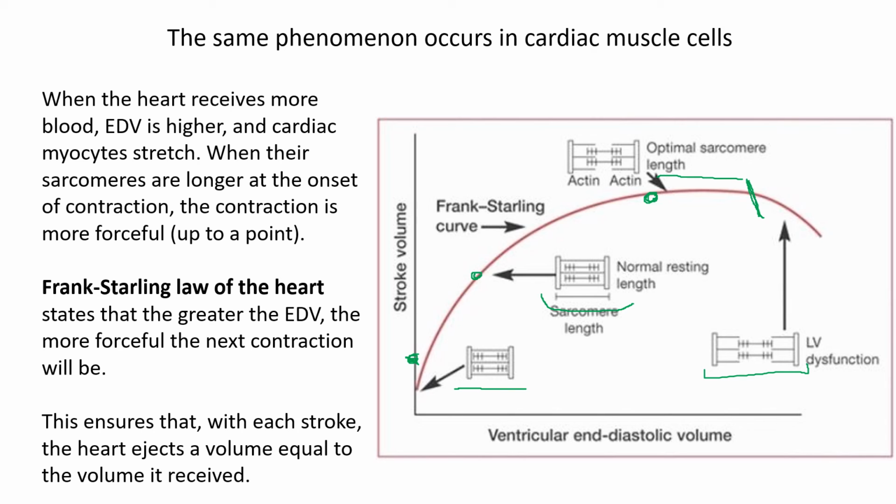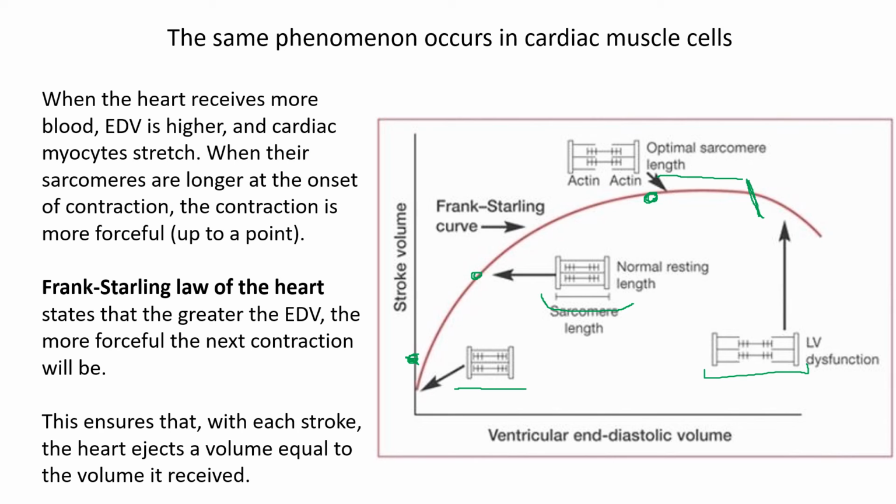Stroke volume is the quantity of blood that's ejected from the heart during one contraction. And end diastolic volume is the volume of blood that's in the ventricle right when it starts to contract. And so that volume of blood in the ventricle is going to determine sarcomere length at the onset of contraction.